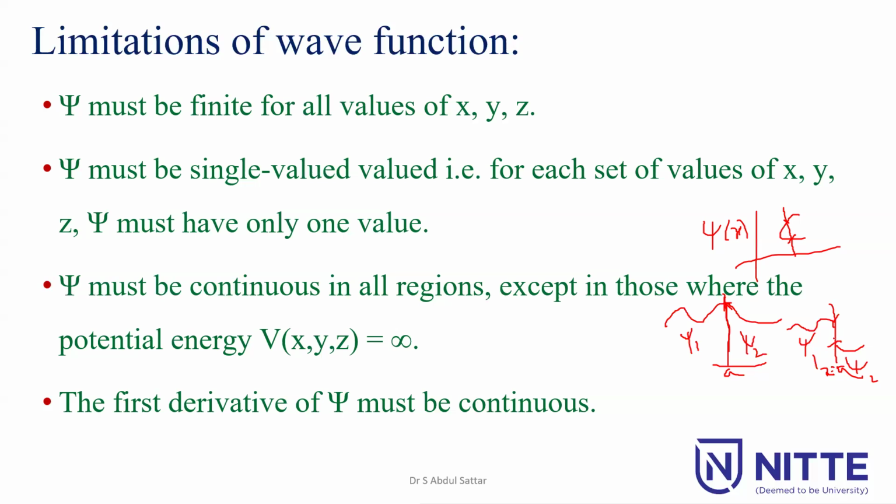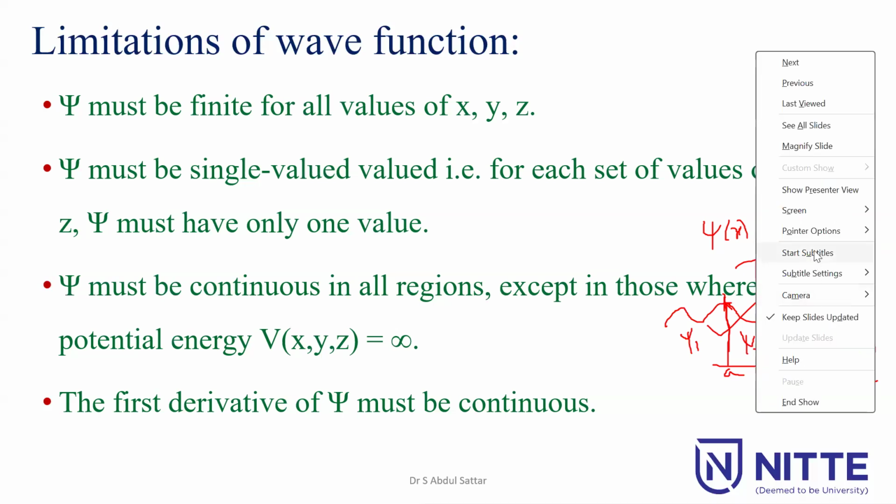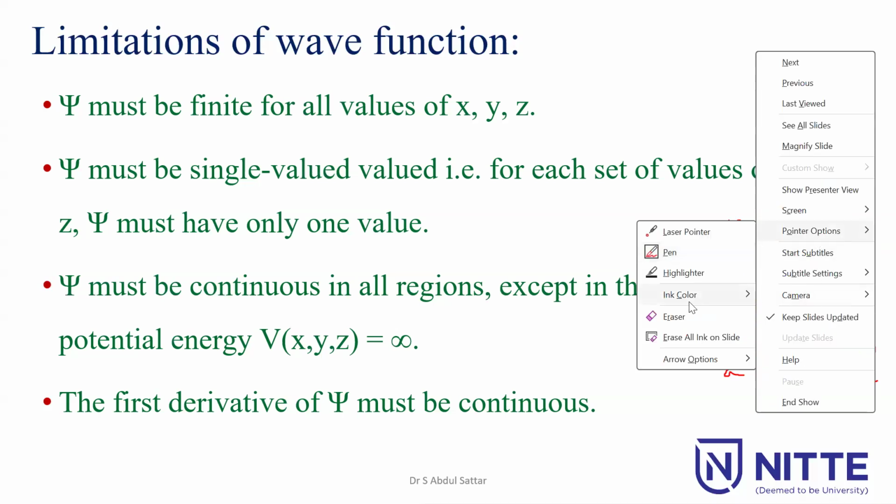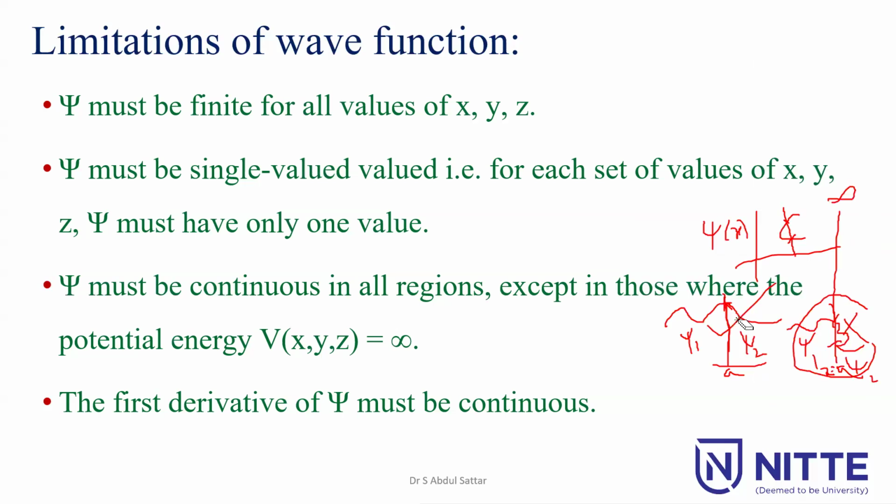That means there is a difference here, so it is discontinuous, and this is not allowed. This situation can happen only when the barrier, the potential, is infinity; then only it is allowed. Like that, the first derivative of psi should also be continuous.